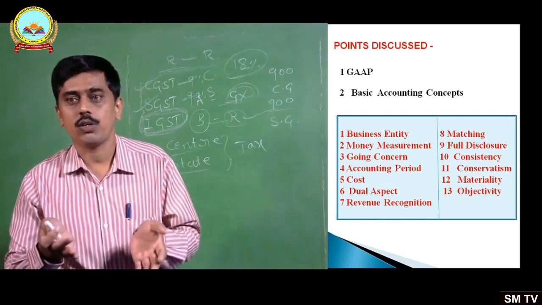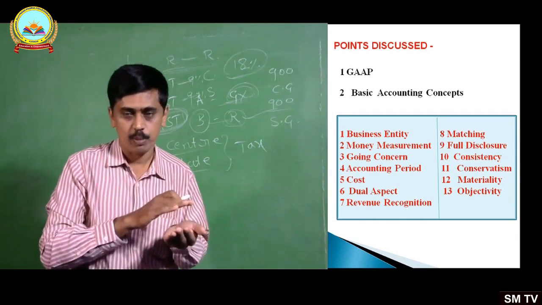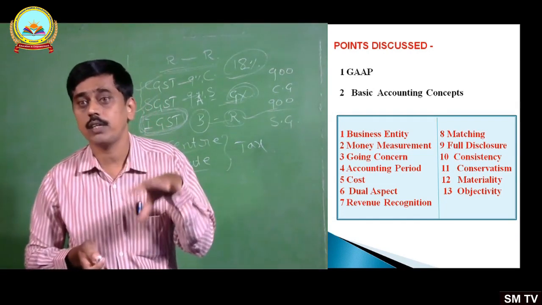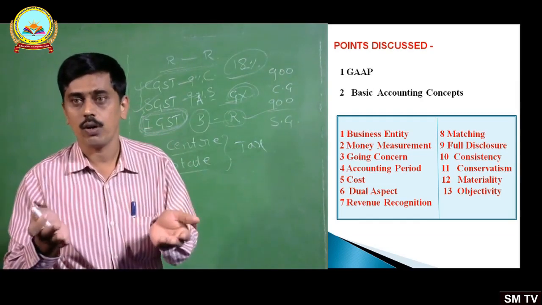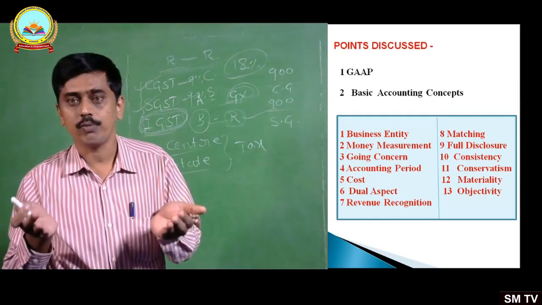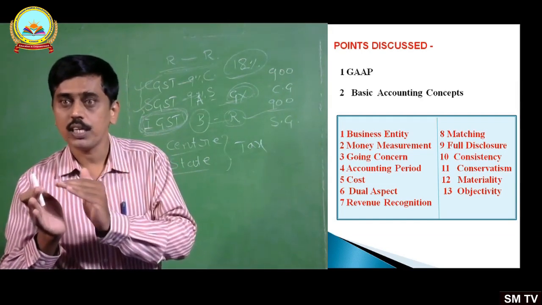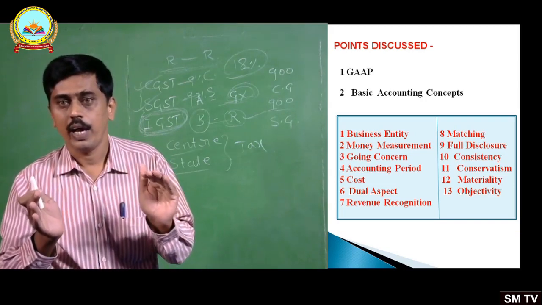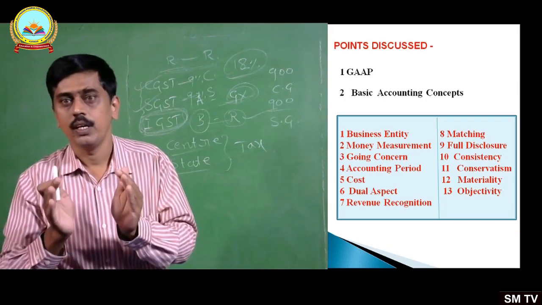And then matching concept, which says that periodically the revenue of the business are to be matched with the expenses connected with earning that revenue, isn't it, to ascertain the profit or loss, or to ascertain the result of the business. And then full disclosure concept, which says that all material facts should be disclosed in the books of account. And next, no item should be hidden.